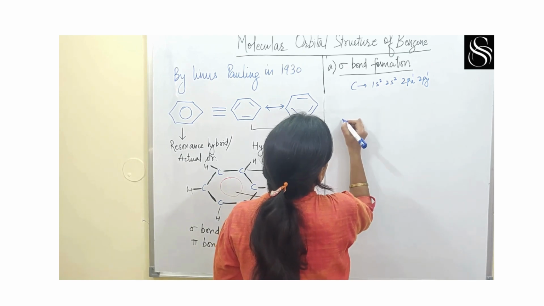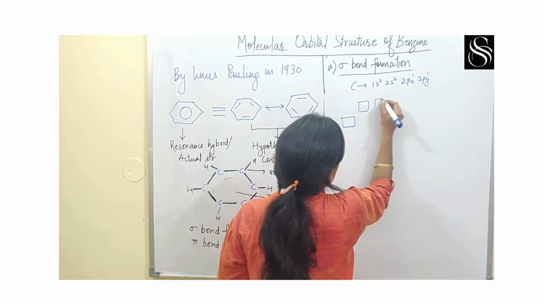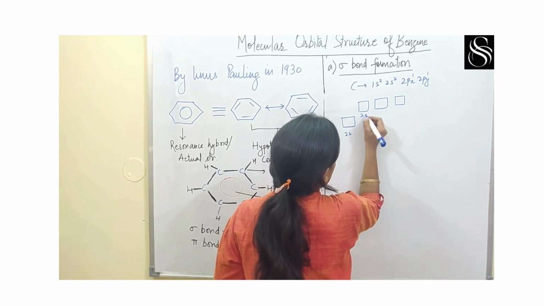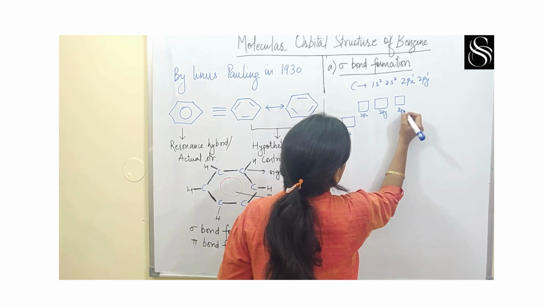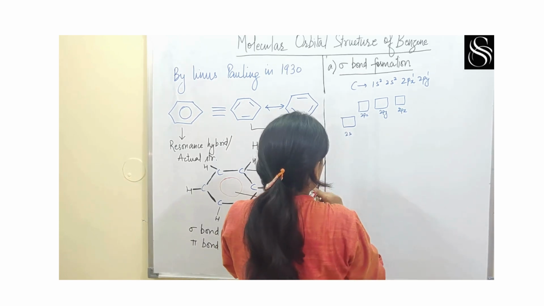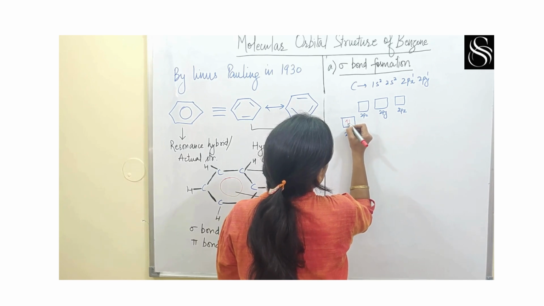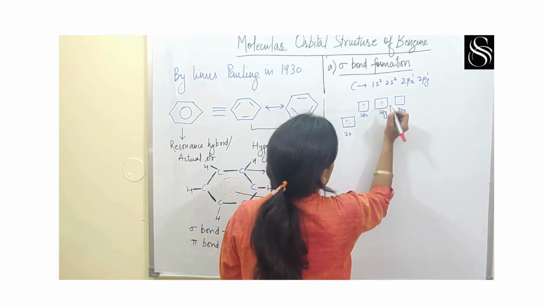So in the ground state, these are the orbitals: 2s orbital, 2px, 2py and 2pz. In the 2s orbital there are 2 electrons, in px 1 electron, in py 1 electron.